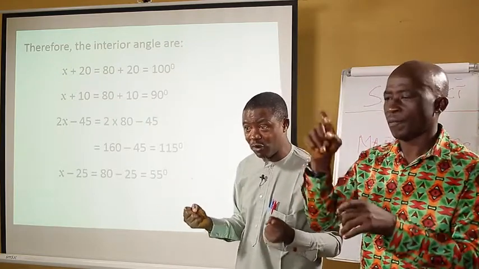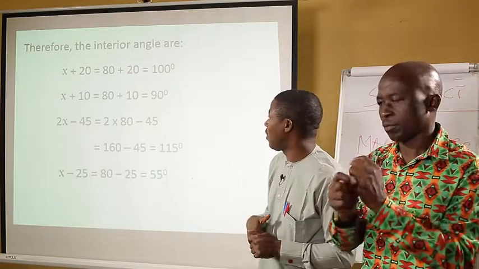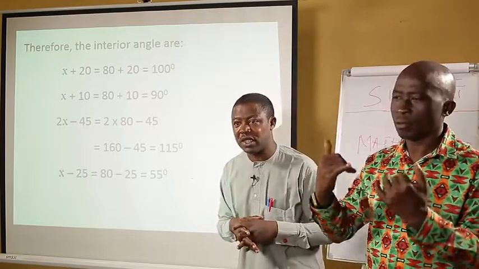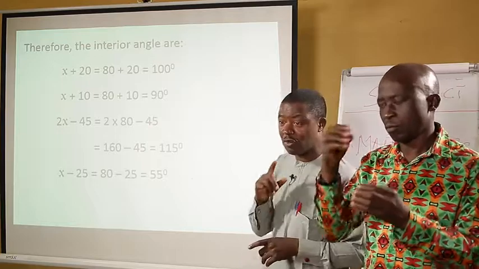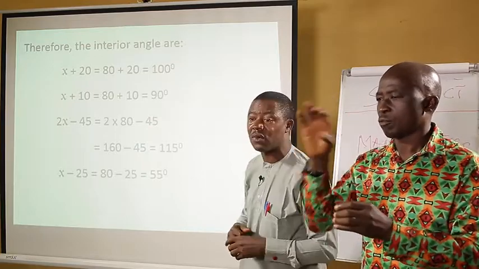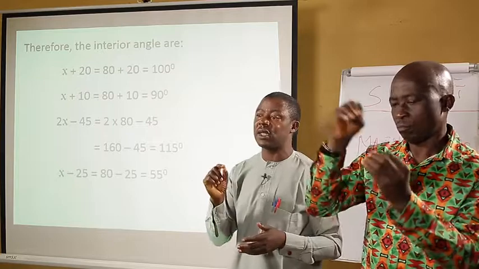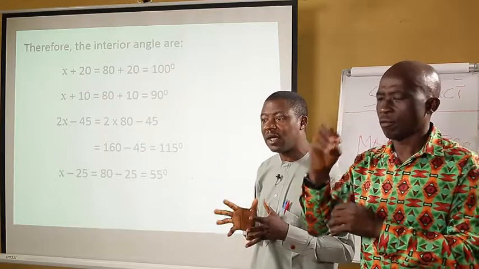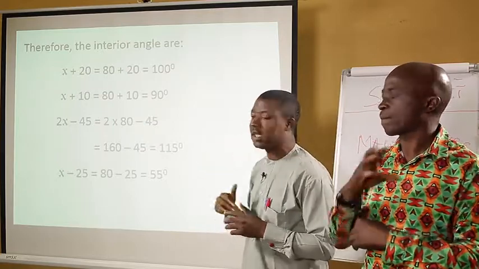So we replace x with 80, and we have 100 degrees. That is one of the angles of the quadrilateral. The next angle is x plus 10, which is 80 plus 10, and that is 90 degrees.